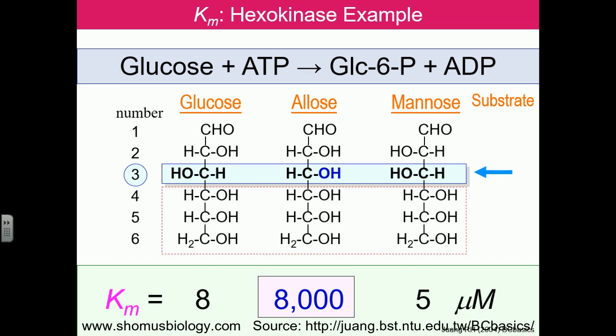So this tells you that a single enzyme, when it interacts with different substrates, may have different Km. So the value for Km is not universal. It depends on the type of substrates and enzymes involved.